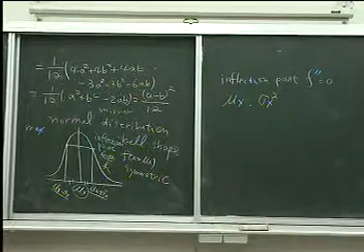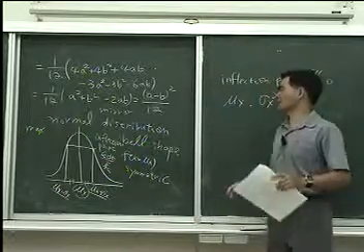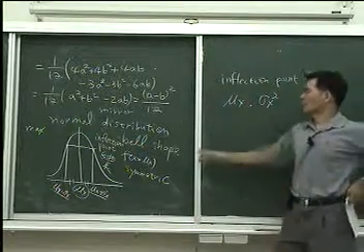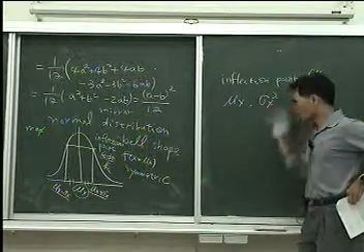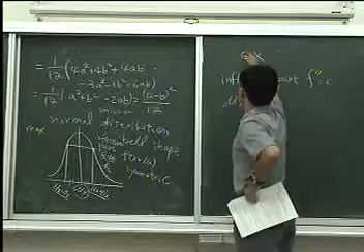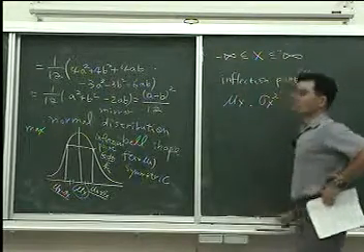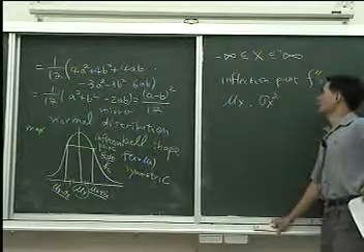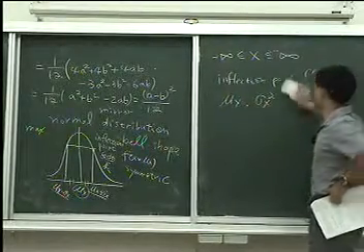We just mentioned that the normal distribution has several characteristics. One is symmetric, it's bell-shaped, and of course the domain of x is from negative infinity to infinity. And what's the probability density function of the normal distribution?